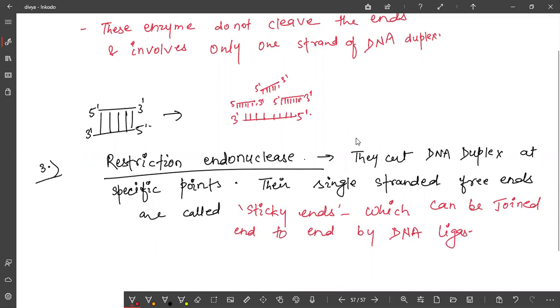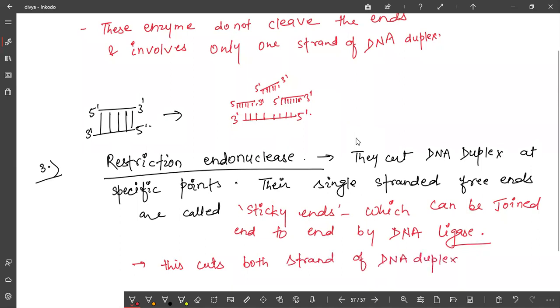Okay, so we use restriction endonuclease. Why will we use this? Because this enzyme is cutting DNA at specific points, and this will cut both of the strands. Both strands will be cut with this restriction endonuclease, so you can say this cuts both strands of the DNA duplex.